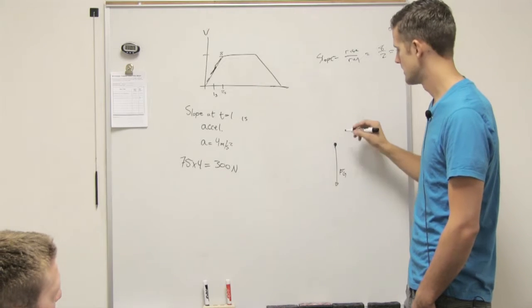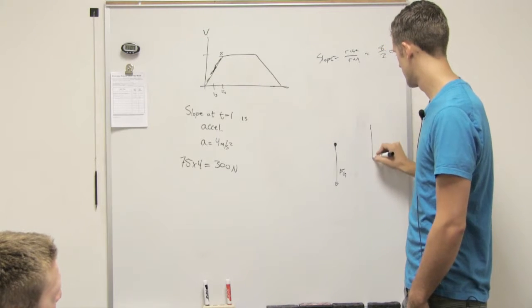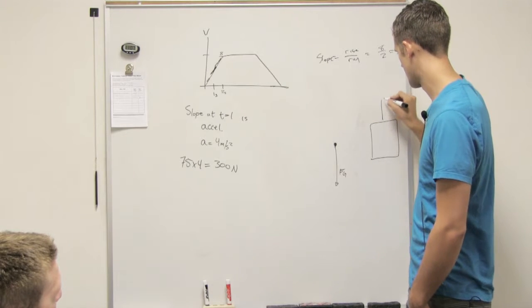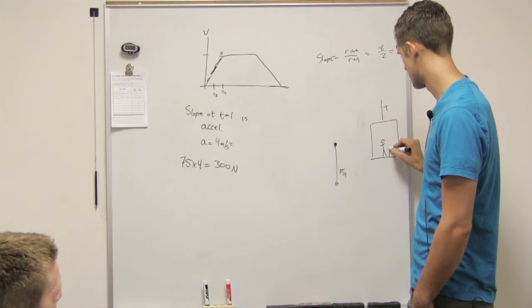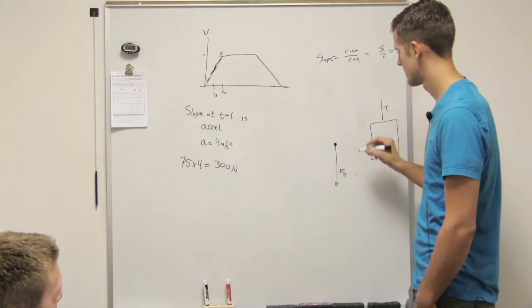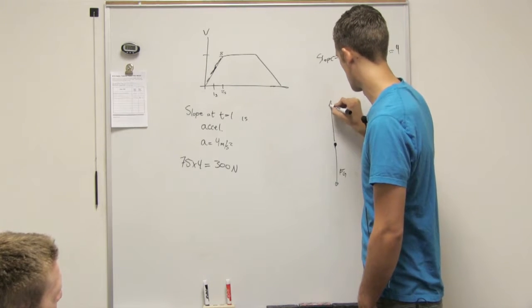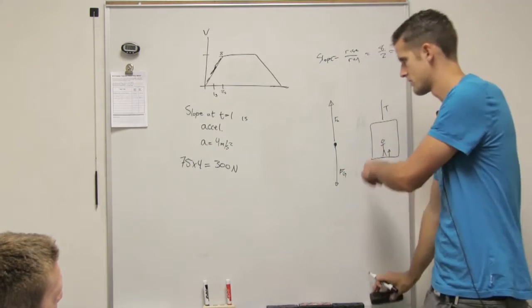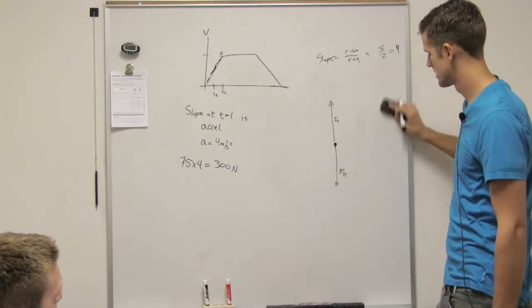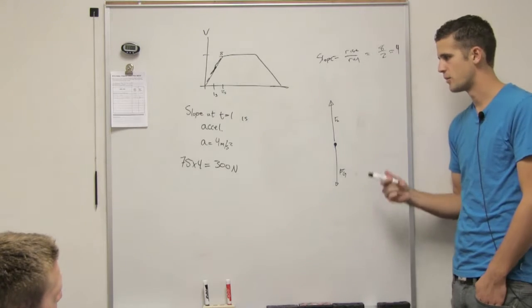Tension. Well, yeah, so for the elevator, you've got a cable here that's tension. But for him standing inside the elevator, it's just the normal force of the floor of the elevator. So you've got this normal force. Which one's greater? Normal force. Yeah, by how much?